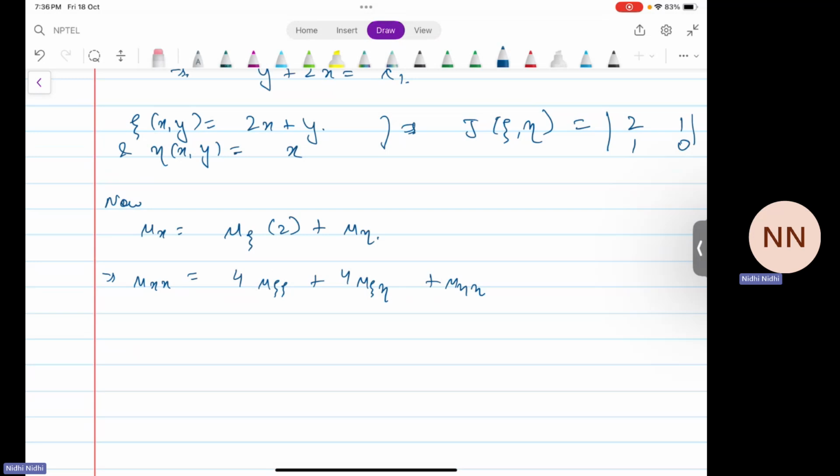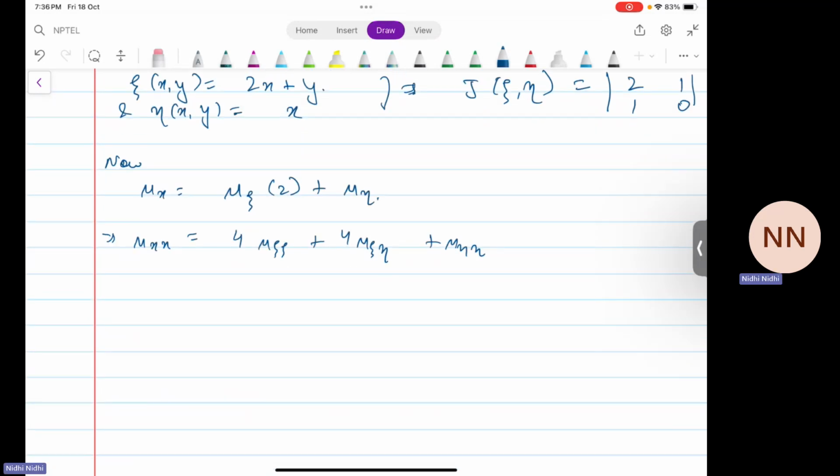And then we will get uxy is equal to 2u zeta zeta, derivative of zeta with respect to y, plus u zeta eta, and derivative of eta with respect to y is 0, so I'll write it directly 0, plus u eta zeta, again the rest plus 0.